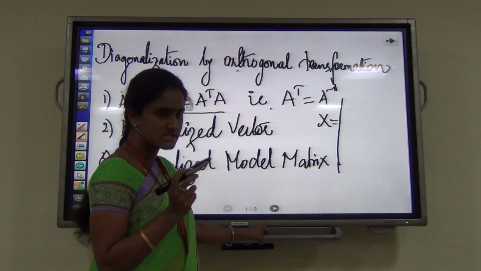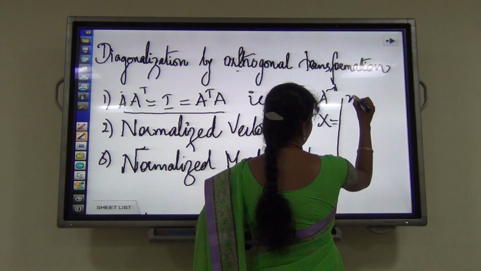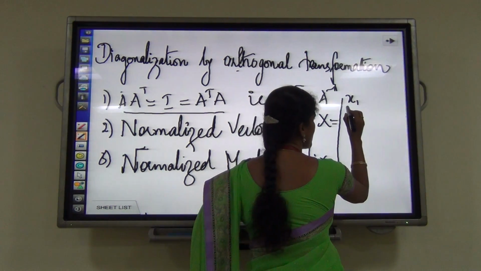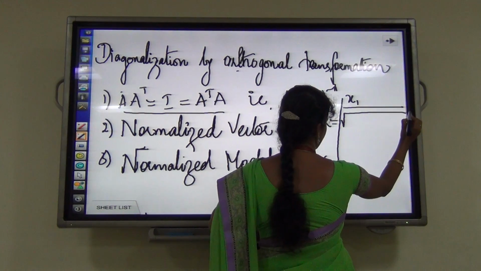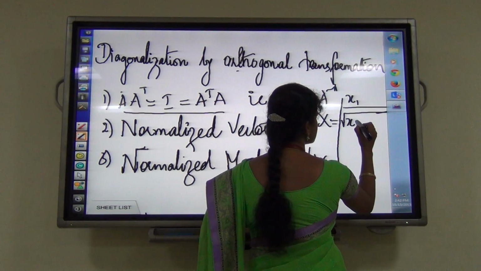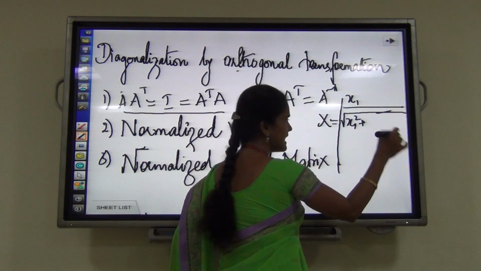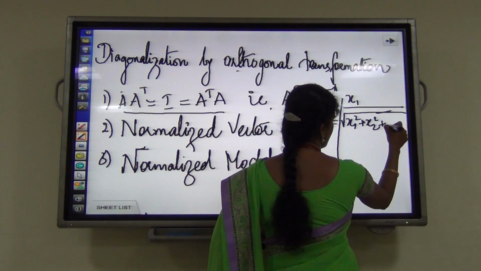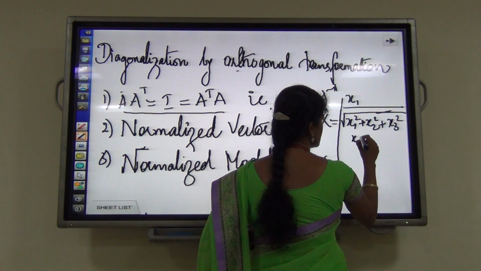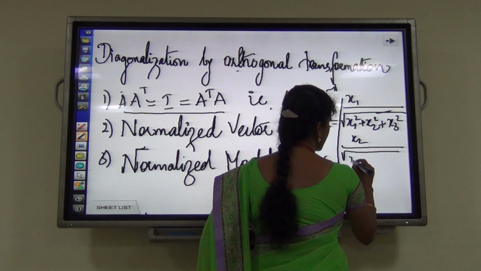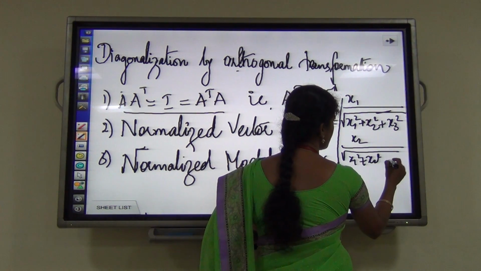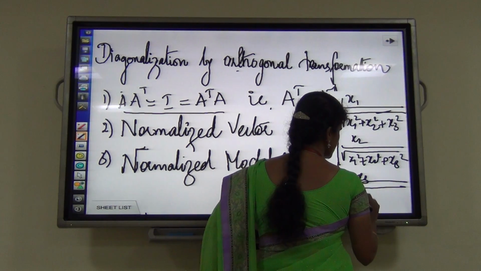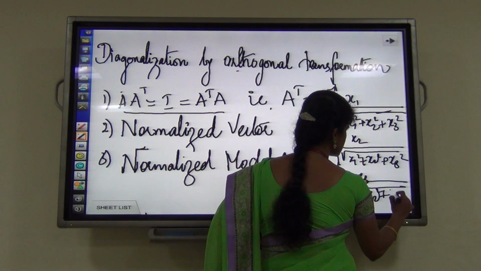To get the normalized form, x1 is divided by the root of x1 square plus x2 square plus x3 square, x2 is divided by the root of x1 square plus x2 square plus x3 square, and x3 is divided by the root of x1 square plus x2 square plus x3 square.